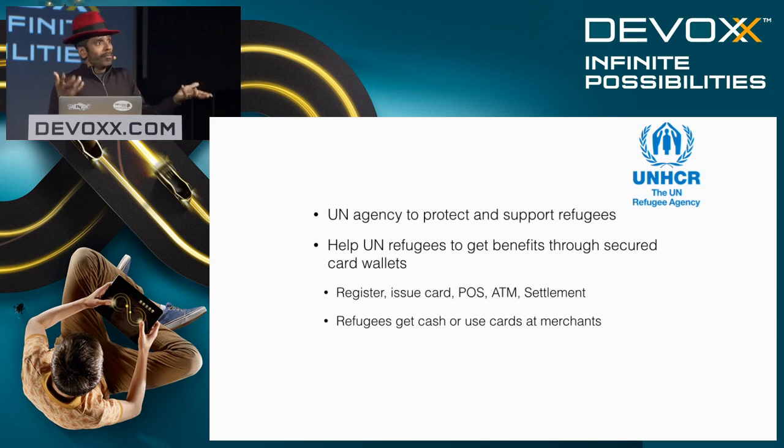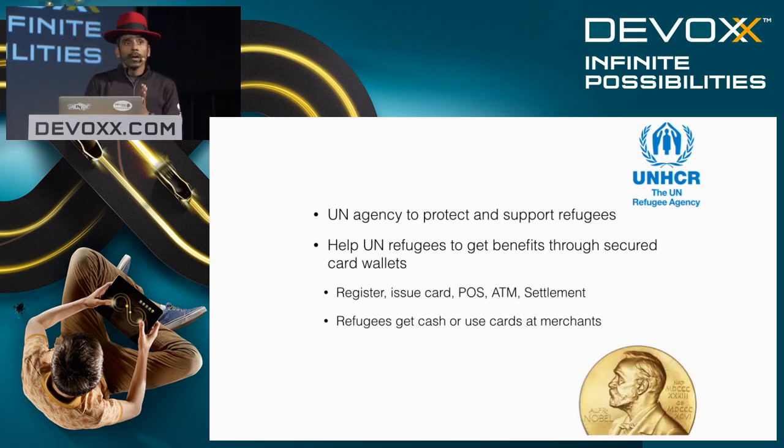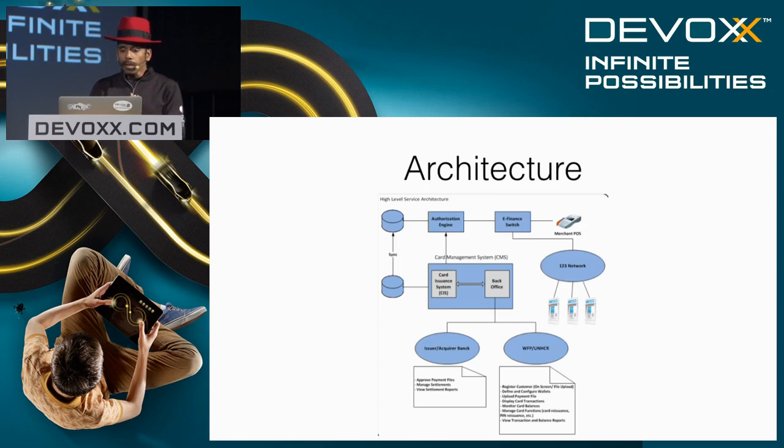So really, running their day-to-day life is what these cards are used for. And one of the nice things about UNHCR is they've actually won the Nobel Peace Prize twice. So I was particularly excited that this is an agency we are helping with Java EE 7 development.